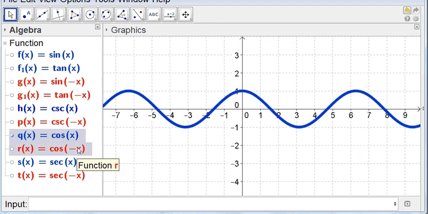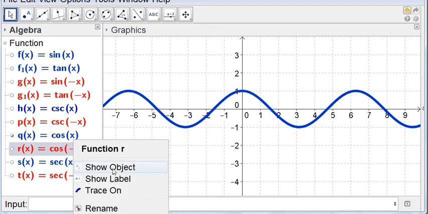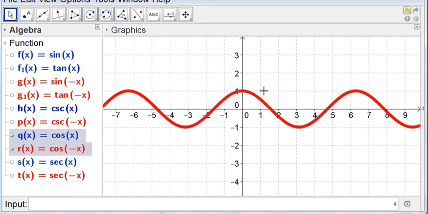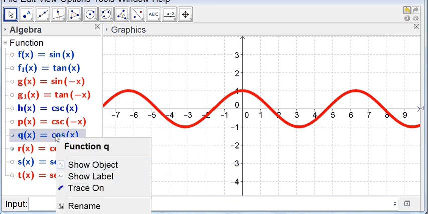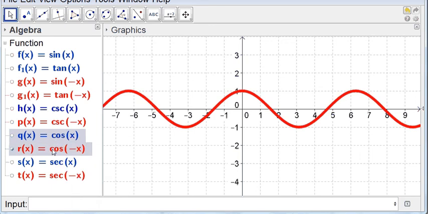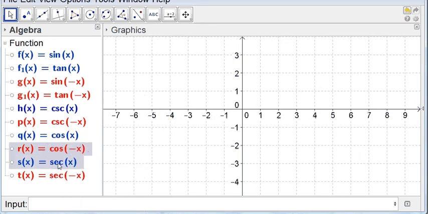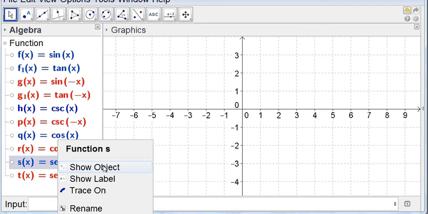So here's cosine of negative x, and as you'll notice, it lies right on top of it. It's the same exact function. There's cosine of x and negative x. They have the exact same results. We look at secant. Secant's very related to cosine.